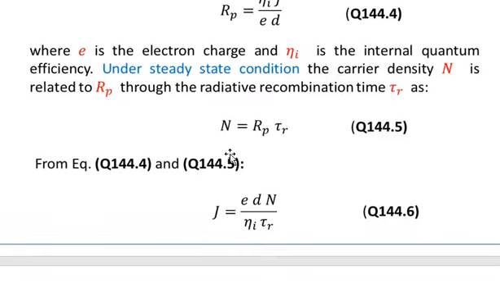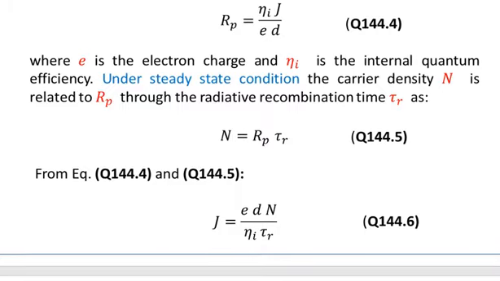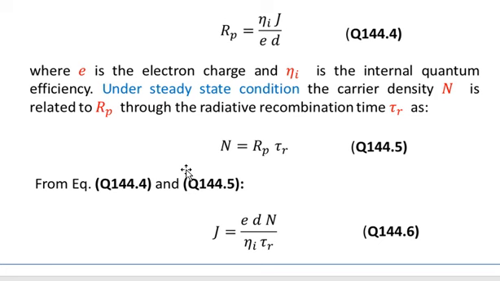So you see that this is the relationship between the carrier density N and Rp, the rate of electron and hole injection per unit volume into the active layer. This is related through the variable tau R, where tau R is the recombination time.